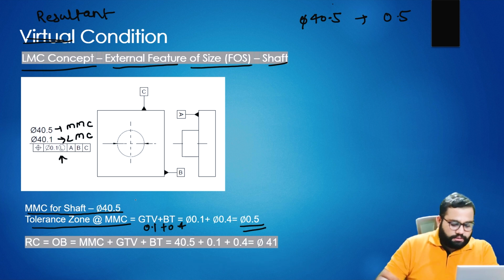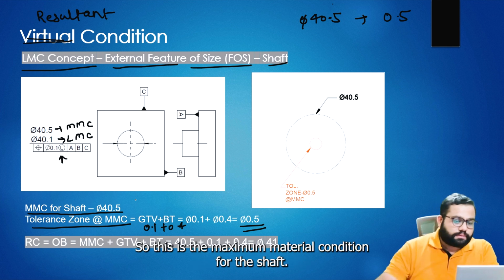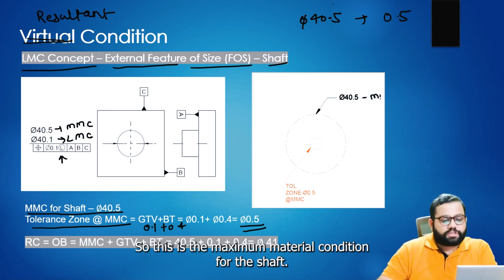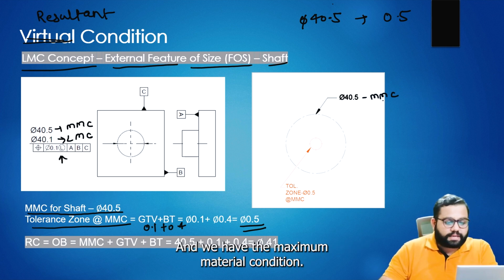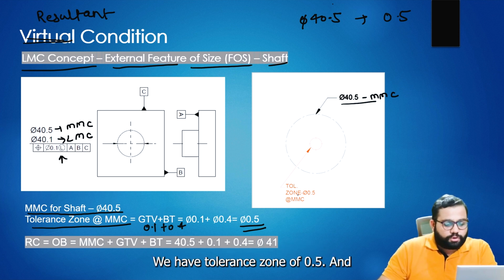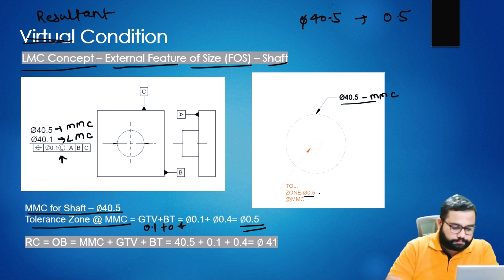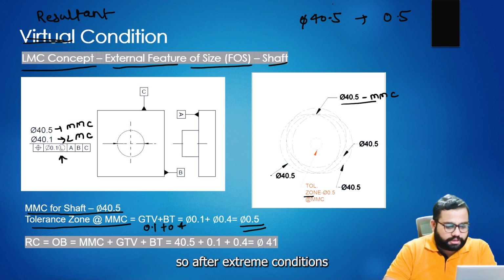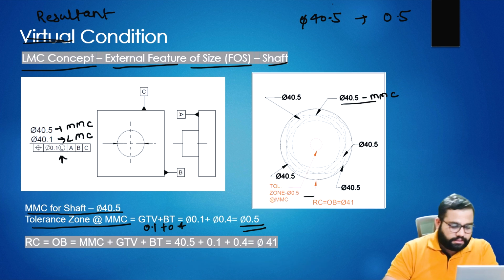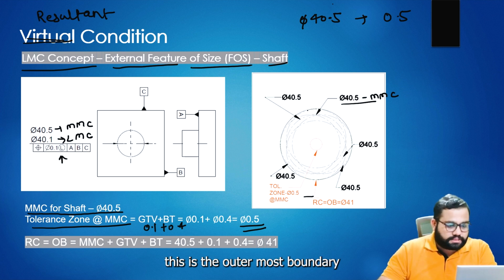In this case also, this is the maximum material condition for the shaft, and at the maximum material condition we have a tolerance zone of 0.5 mm. After the extreme conditions, you will see this is the outermost boundary.